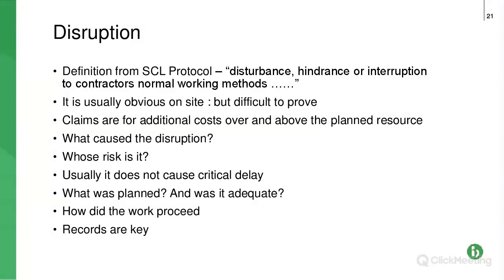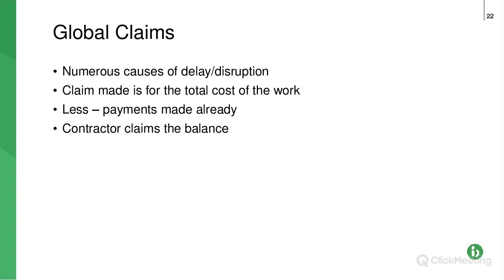Now, sometimes it stands to reason, but not always. And as I've said at the bottom, quite dull, but it's your records that are key. The stuff that's in writing, your diary entries, your monthly, weekly reports to your employer, emails, all that kind of useful stuff.